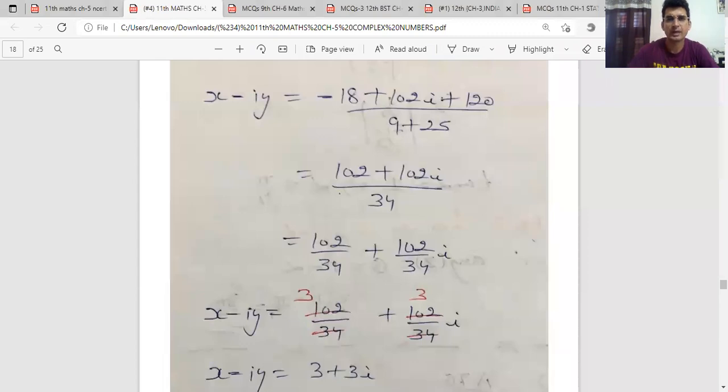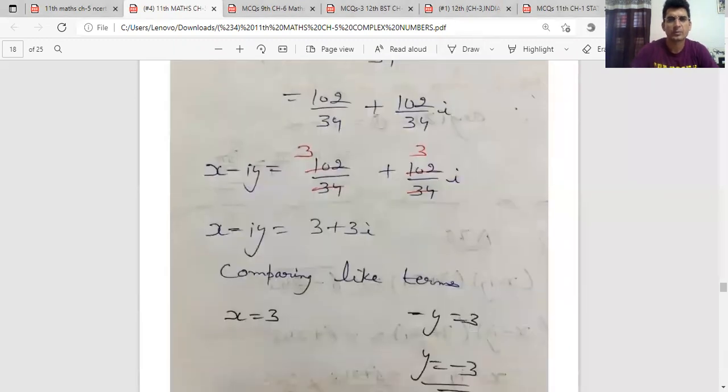So what we will have: 120 minus 18, that is 102, plus 102 iota, over 9 plus 25, 34. So x minus iota y is equal to 102 by 34 plus 102 by 34 iota. 34 3s are 102.